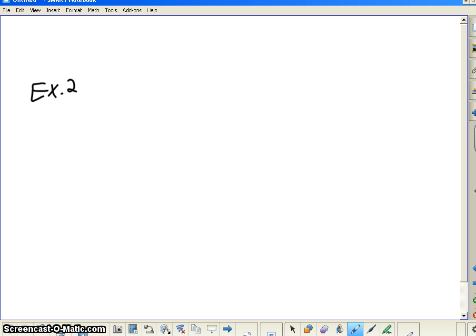Example number 2, give the slope and y-intercept of each line and graph it. So I know m, b, and I need to graph.